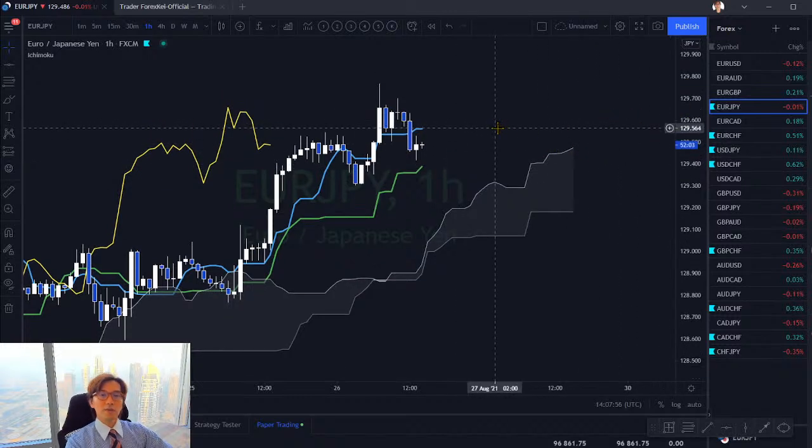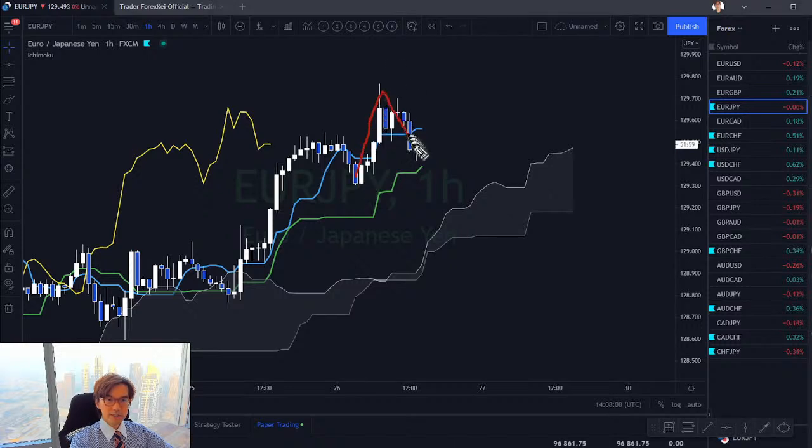In terms of the wave analysis, this one is right now retracing. Technically this is called V wave. The market started to be uptrending here, and now it's retracing backwards. From here, since Kumo Senko span is up and Kijun Sen is also pointing upwards, we can expect the market goes up and breaks the previous high.